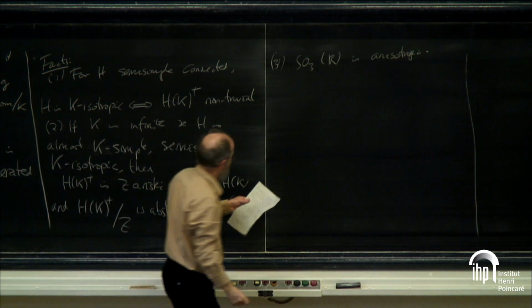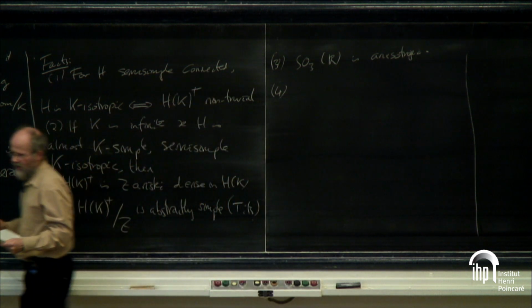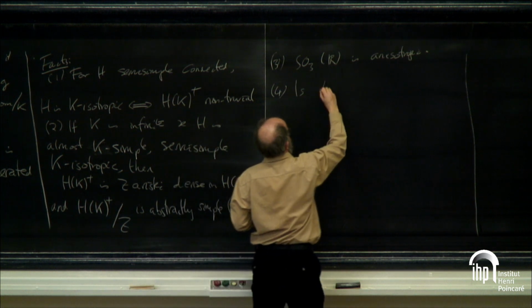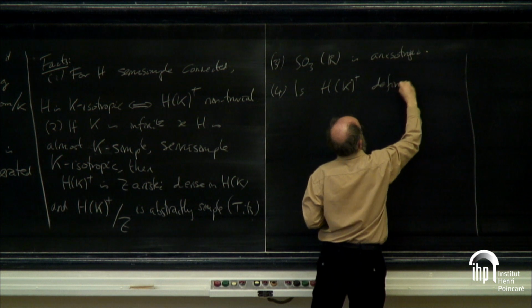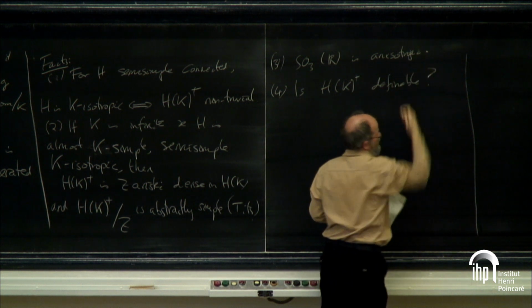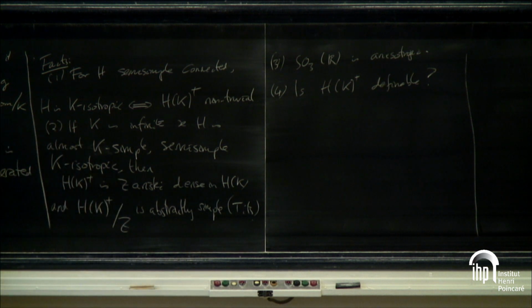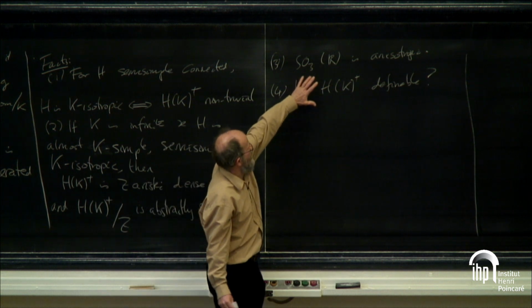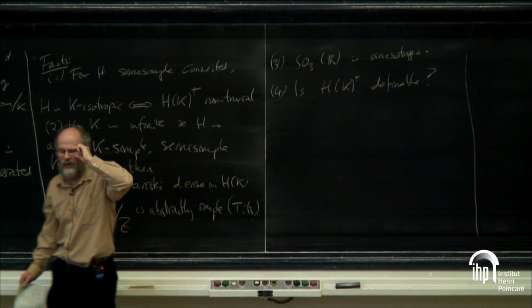And then I wanted to just flag up again this question. Maybe it's not so difficult, but is H of k plus definable? Jakob has already worked on that, some results there. There's this Kneser-Tits problem of when H of k plus is equal to H of k. This is really under an assumption of simple connectedness.